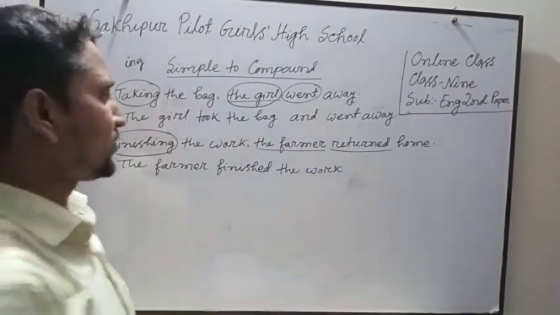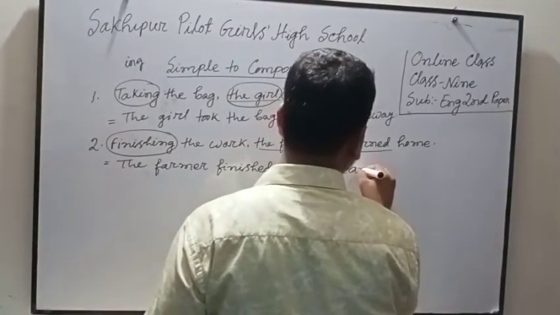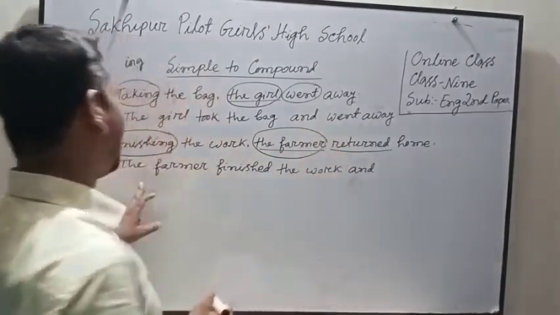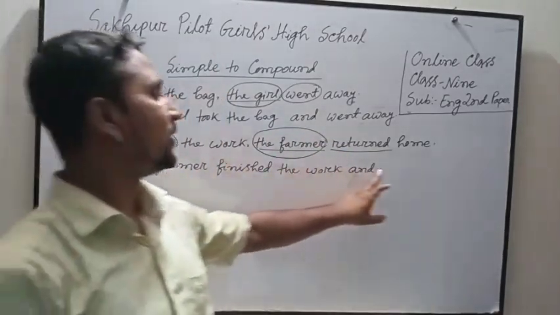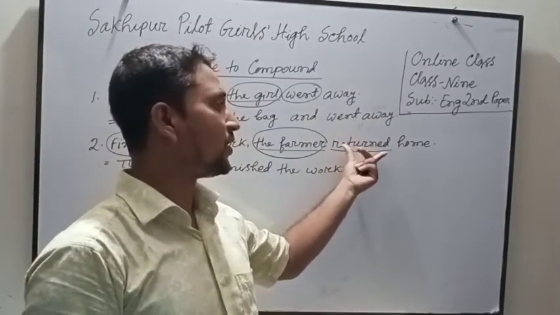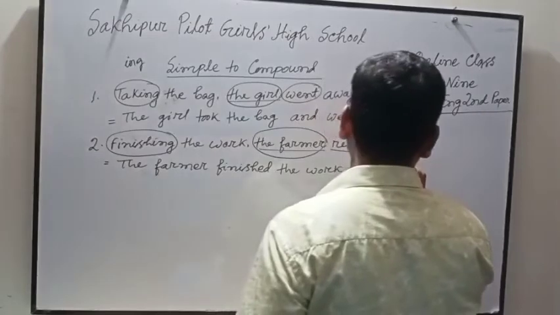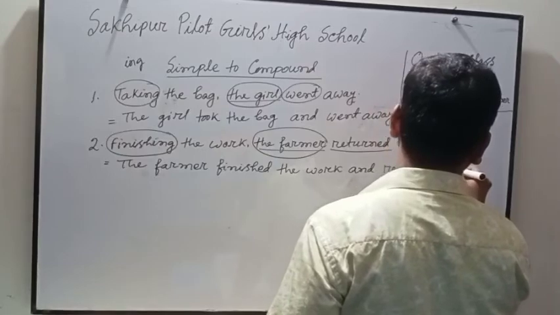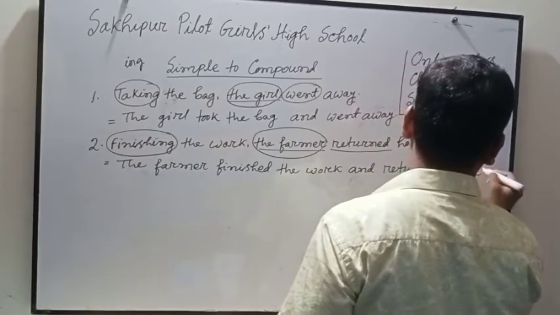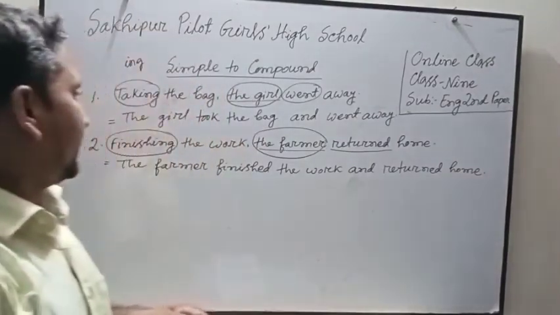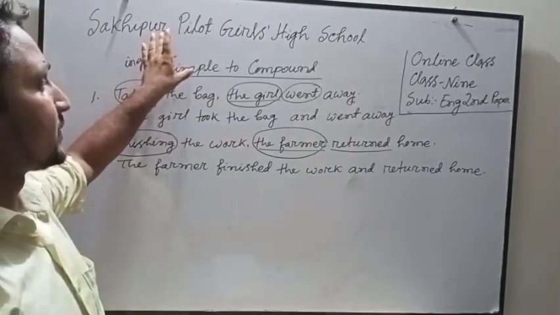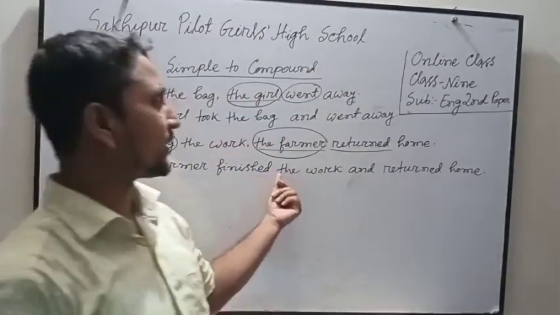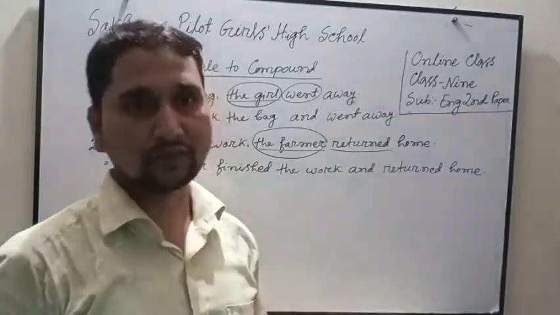And we have to use the conjunction and. As we have written the subject at the beginning of the sentence, we have to write after and the rest of the part of the sentence: returned home. The simple sentence has been changed into a compound sentence. The farmer finished the work and returned home.